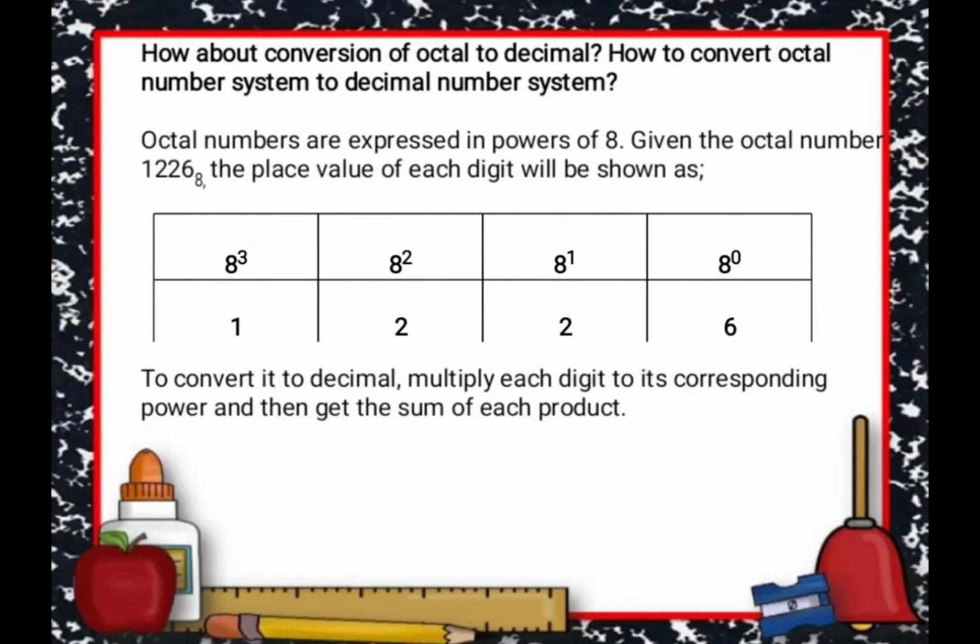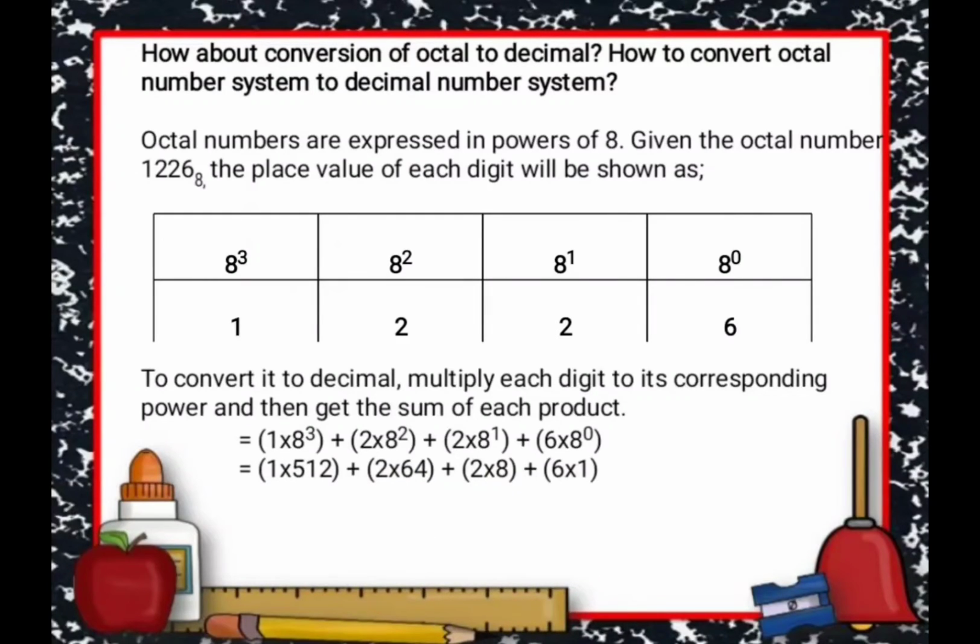Okay. So let's get the sum of each product. So we multiply 1 times 8 to the power of 3 plus 2 times 8 to the power of 2 plus 2 times 8 to the power of 1 plus 6 times 8 to the power of 0.